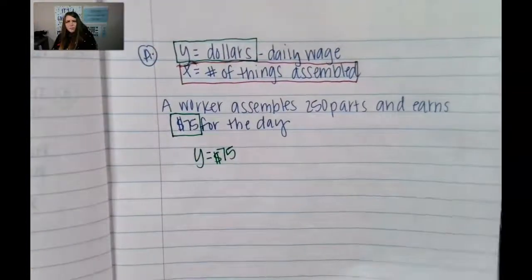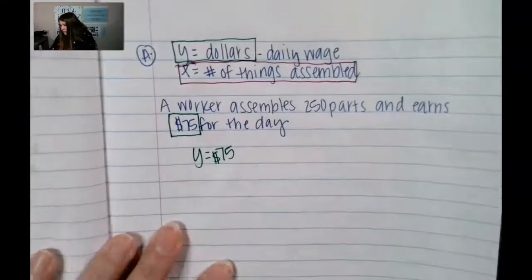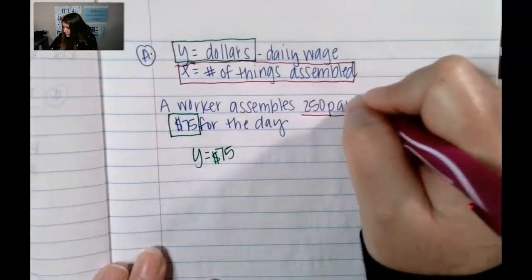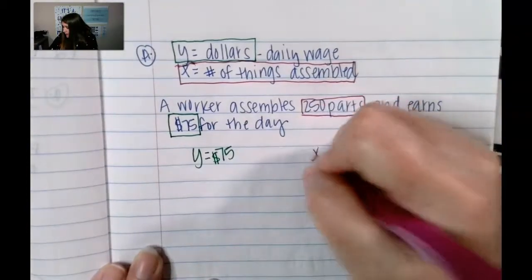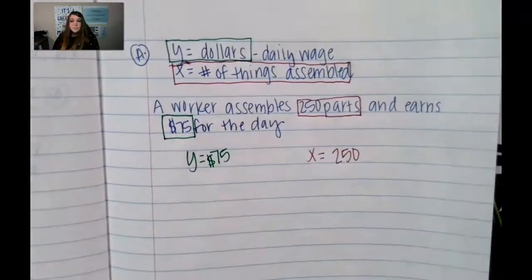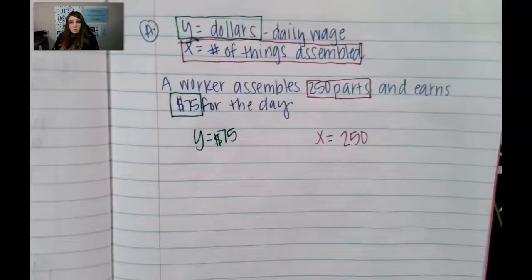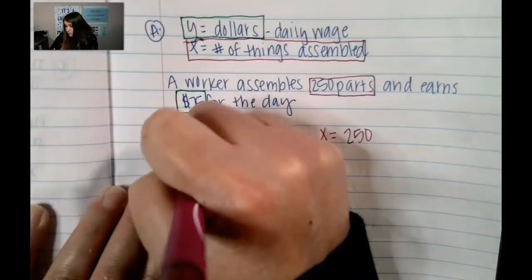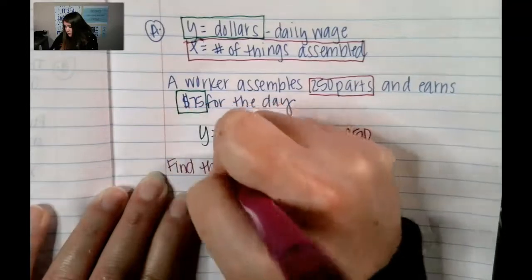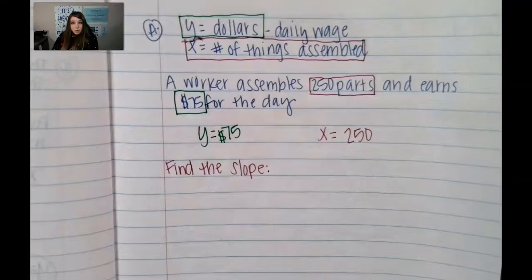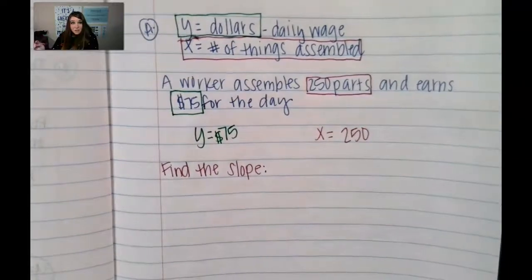I just put a hole in my paper. Oh my goodness. Okay, so they assemble 250 parts. That is my X. So X equals 250. My job now is to find the slope. So we need to find the slope, or the constant of proportionality, because these two things go together.